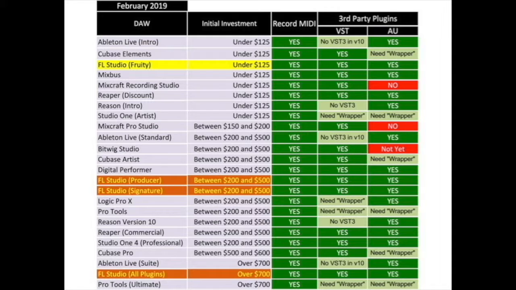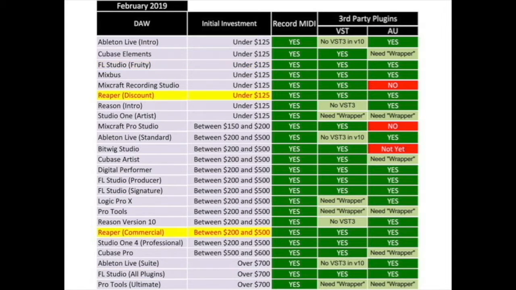Now, there are 4 purchase options for FL Studio, but the thing is, there are really only 2 versions of the product. There is the Fruity version and the Producer version. Now, Signature is the Producer version with additional plugins, and All Plugins is also the Producer version with even more plugins than Signature.